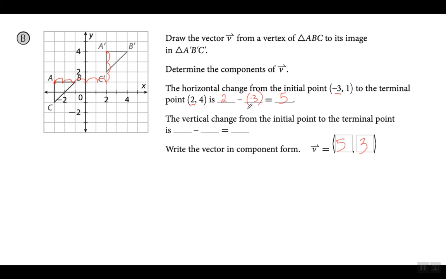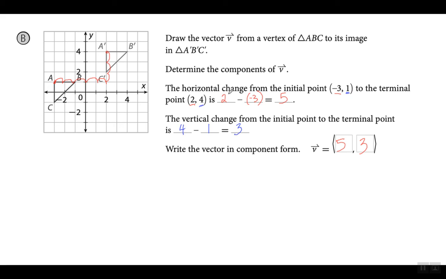Okay, the vertical change from the initial point to the terminal point. The vertical change is controlled by the y coordinate. So you would get the difference between the y coordinates, which would be 4 minus 1, and that would give you positive 3. I'm putting the terminal point here and the initial point here.